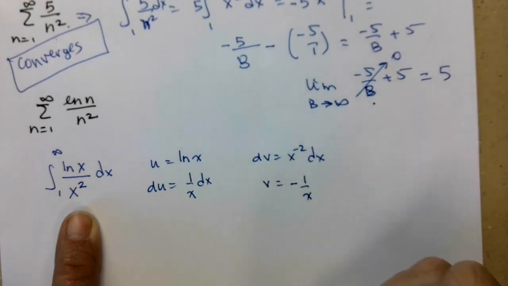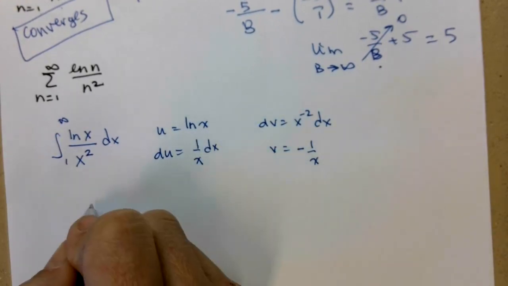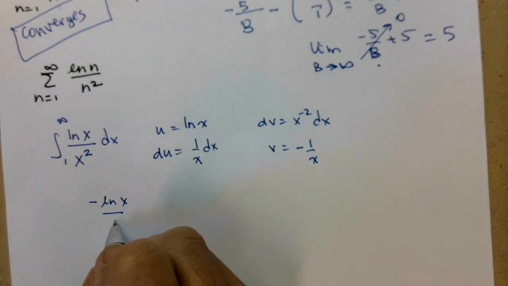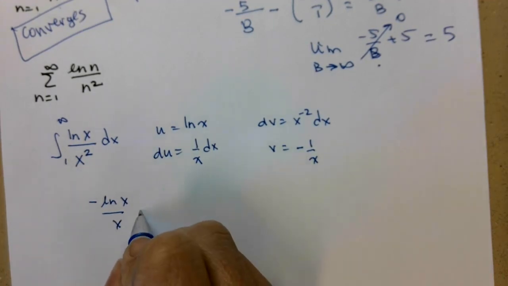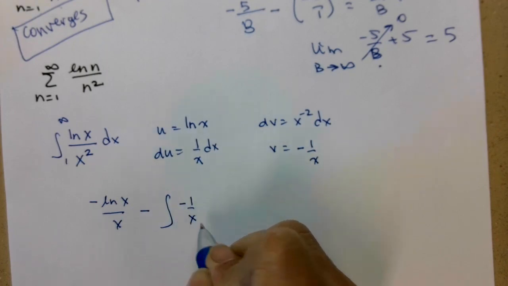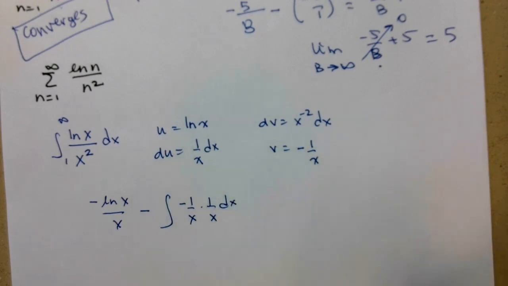All right, add 1, divide by the new. Okay, so integrating by parts, we're going to get u times v, so negative natural log x over x, and then minus the integral of v, negative 1 over x, du, 1 over x dx.